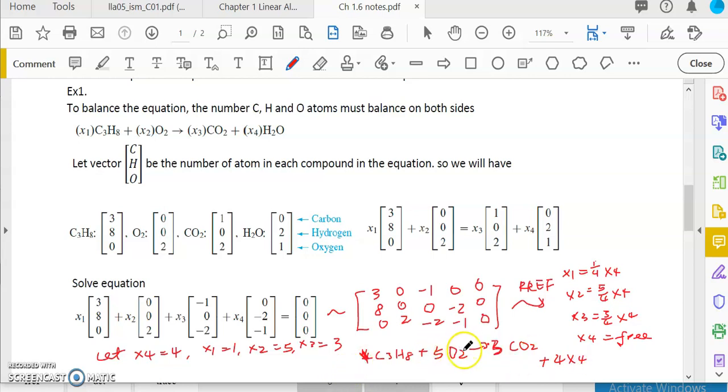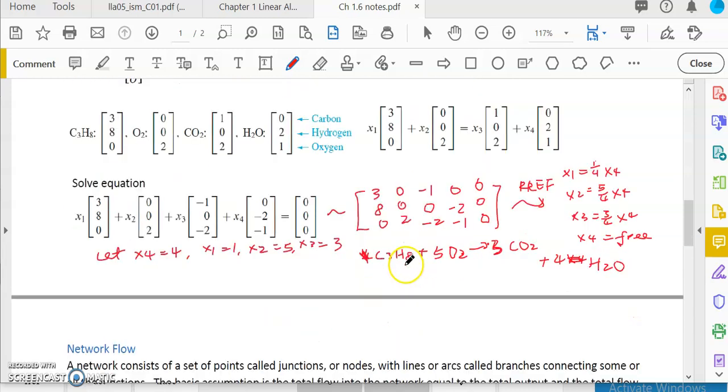Double check. If I count oxygen, I would have 10 oxygen here, and 6 in CO2 and 4 in 4 H2O. So that's 10. So that's how we balance it.